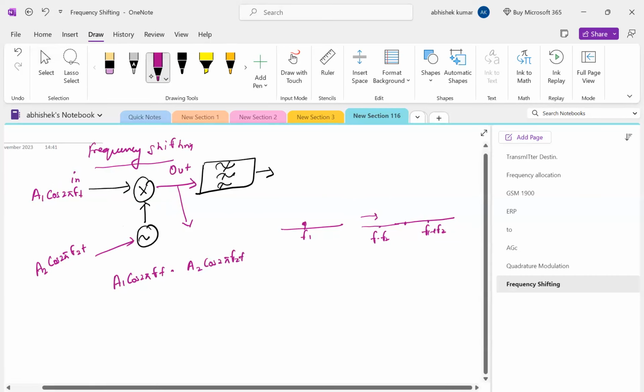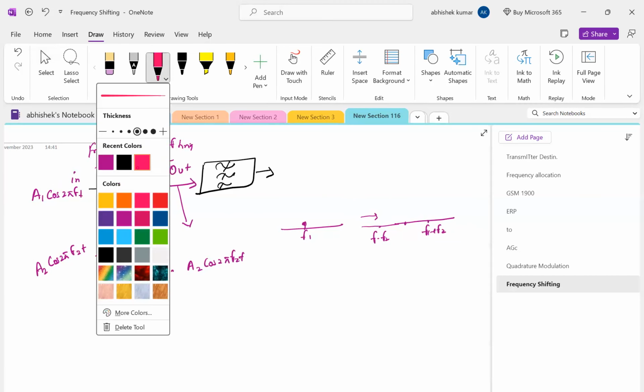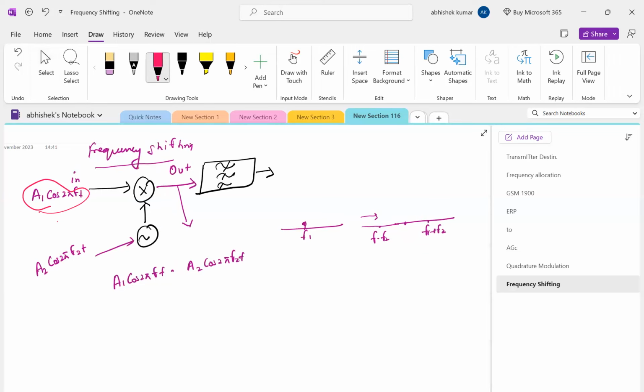Similarly, if we have our input as A1 cos 2 pi F1t, and I want my signal at F1 plus F2, I will multiply my signal with another signal cos 2 pi F2t, and my signal will get shifted.